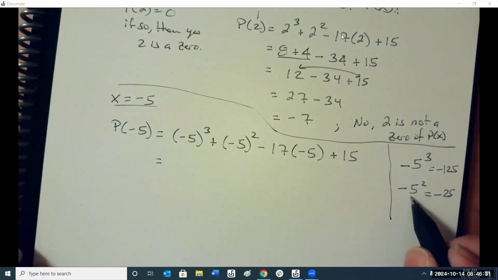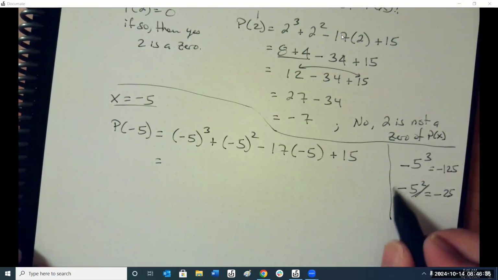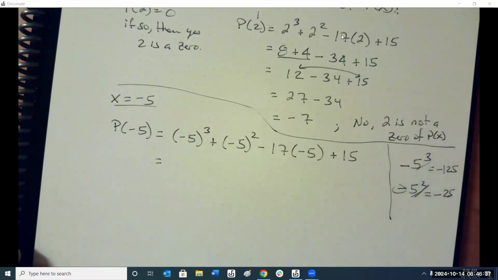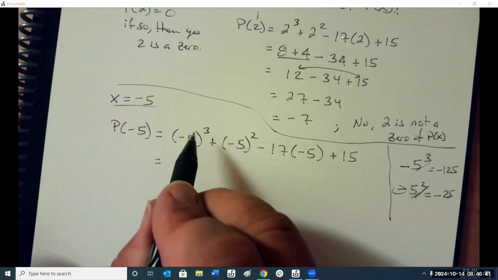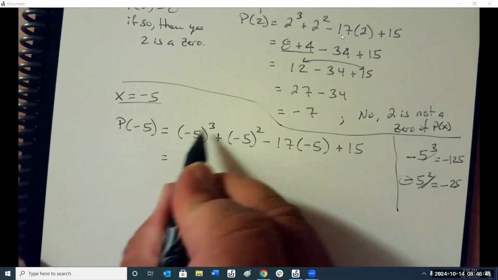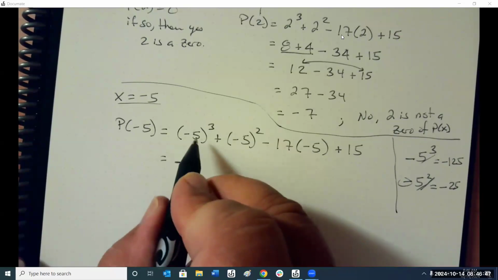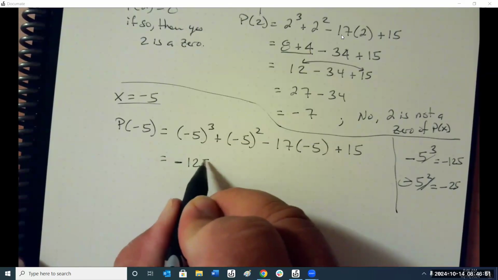Order of operations says do exponents first, and then the negative sits out there. But if I do it this way, I have -5 times -5 times -5. So I have 3 negatives, which makes it a negative. 5 times 5 is 25, times 5 is 125.